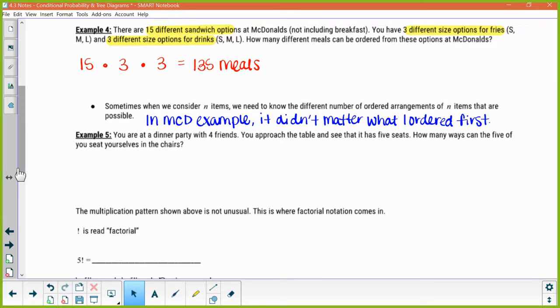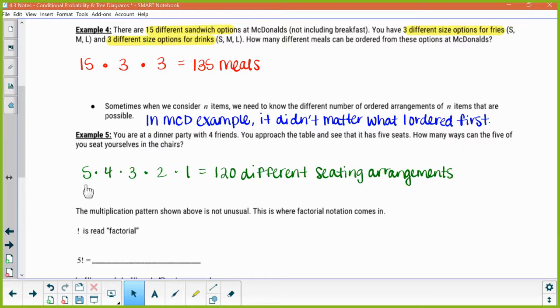Well, if you take a seat, there's only 4 chairs left. So that number is going to continue to decrease as you assign seats. So rather than doing 5 times 5 times 5 times 5 times 5, now we're doing 5 times 4 times 3 times 2 times 1, because the seats start to remove themselves as a person is seated there.